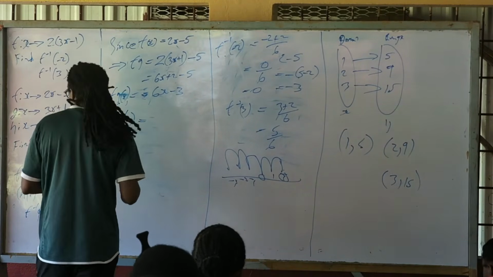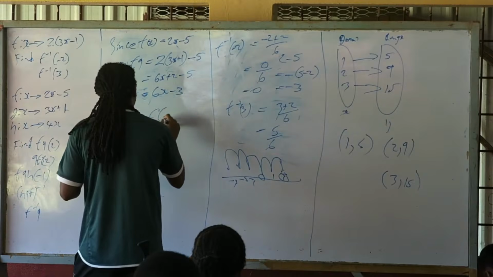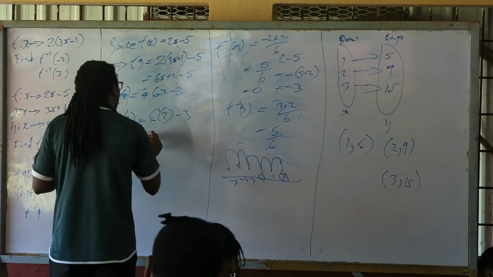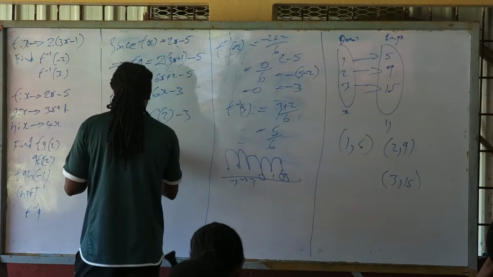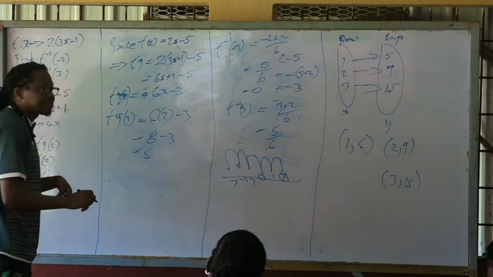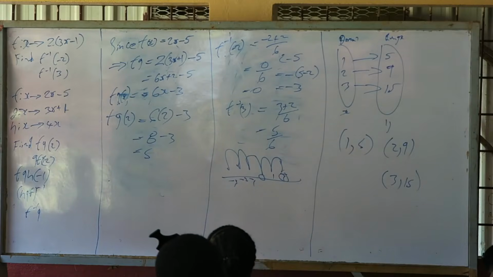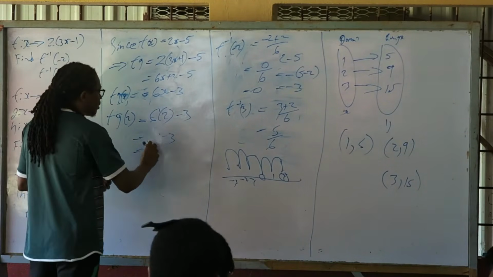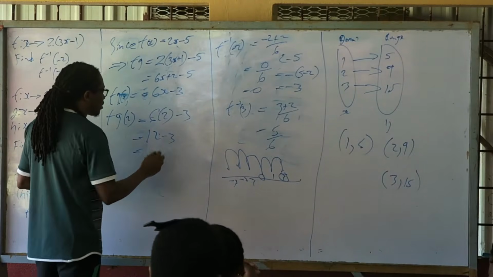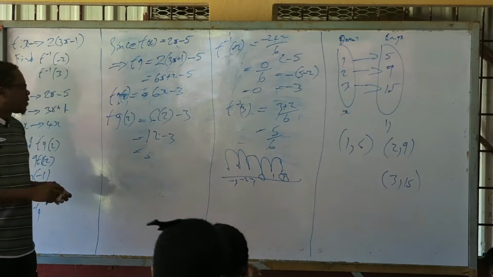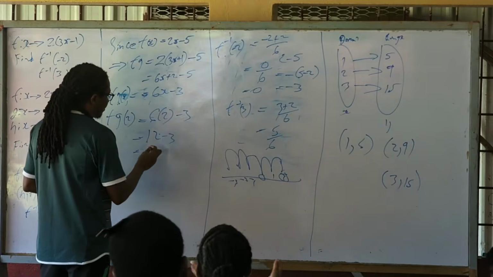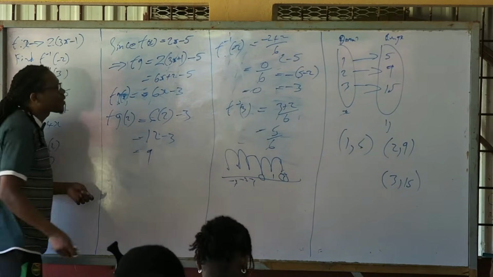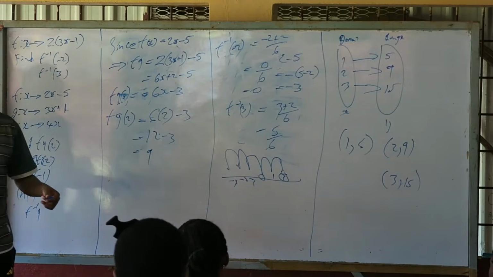And that is going to be equal to 6 bracket 2 minus 3, equal to 12 minus 3, equal to 9. You can't show you don't know if I multiply. 6 times 2 is 12, which equals 9. Everybody see that?